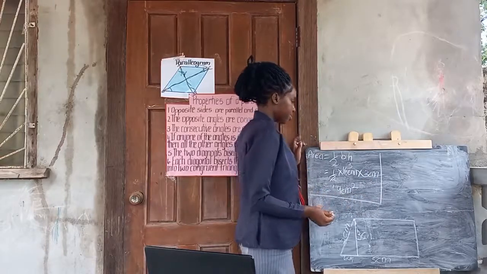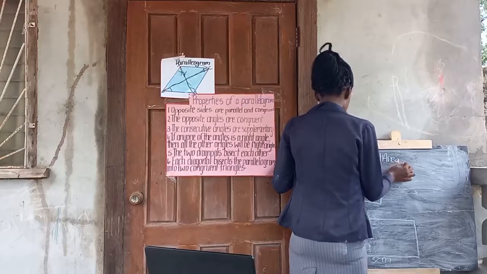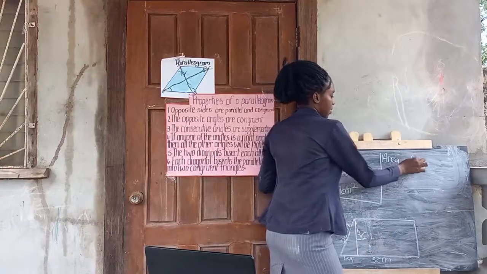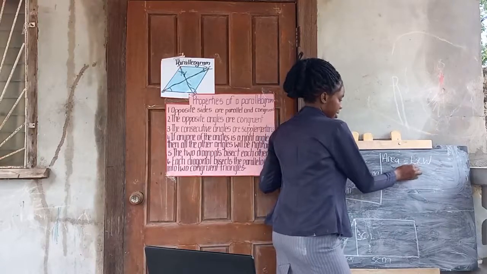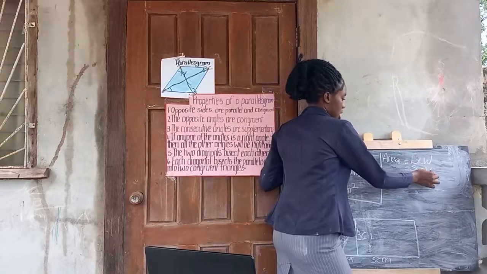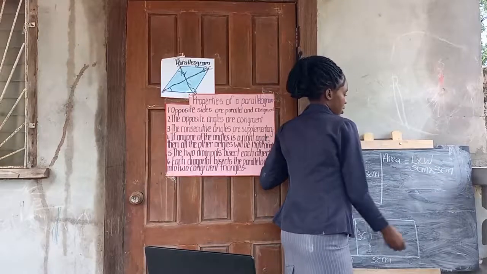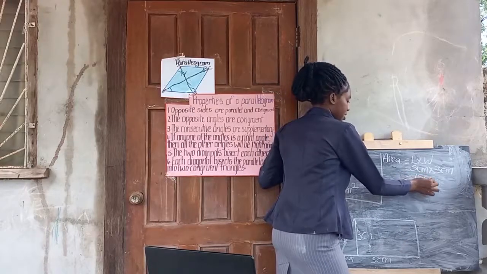Alright? And then the area of the rectangle is going to be length by width. Now we have a length of 5 centimeters and a width of 3 centimeters. Right? And 5 threes is 15 centimeters.